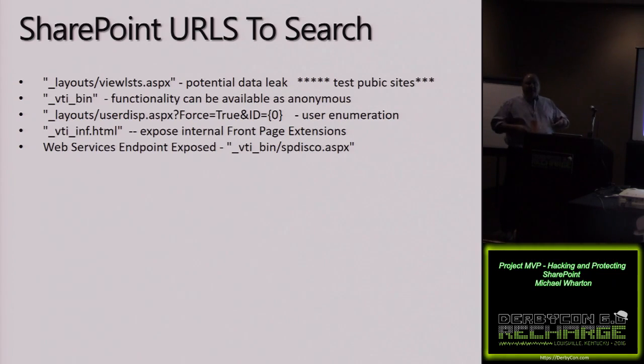And once it pulls it back, you can pull information like their username, their email address, their first and last name, and just general information that might be found in a SharePoint profile. And I've got a script that will iterate through 0 through 100 and find all the users on a SharePoint site.